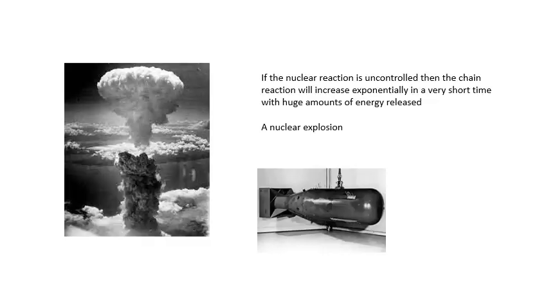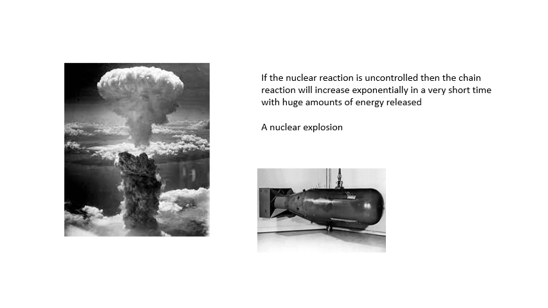Now, I said we don't want too many of the neutrons to cause other events. If you've got more than a couple of neutrons from each event causing another event, then you're going to get an exponential increase. It's going to get bigger and bigger and bigger in a very short amount of time. Lots and lots of energy released, and that is a nuclear explosion.